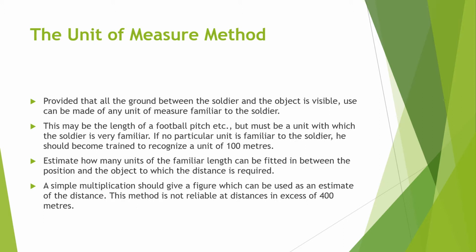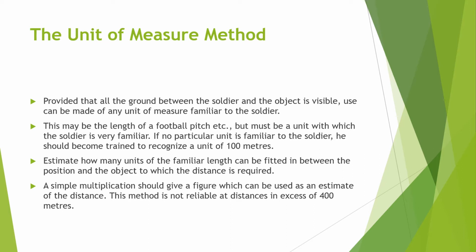So if you don't recognise the football pitch, if you're not familiar with the length of a football pitch, we'd have to go to Pearson's to estimate that. Estimate how many units of the familiar length can be fitted in between the position of the object to which the distance is required.